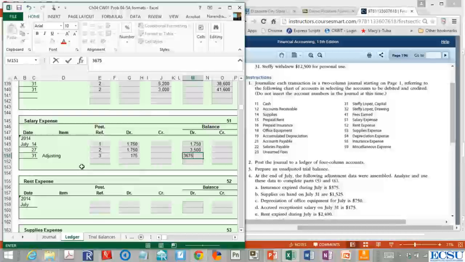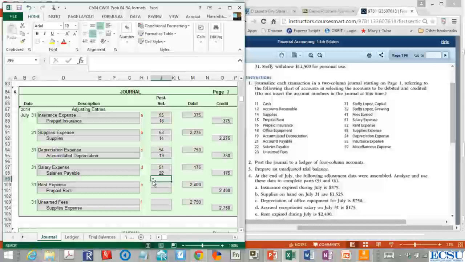Okay, so that is how I will handle that. Now that's taken care of. Now let's take the other journal, that is the rent expense. Rent expense is 52, and then prepaid rent is number 15.